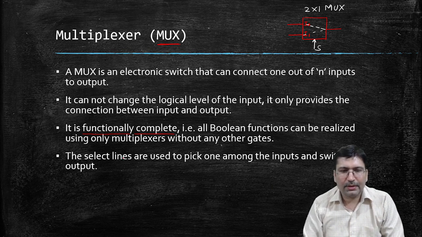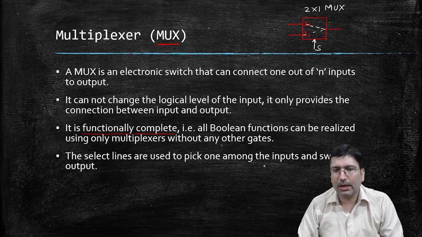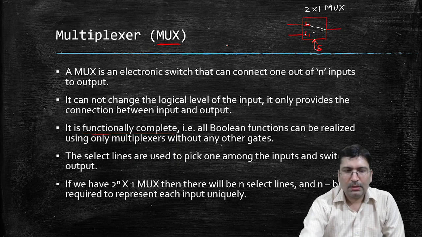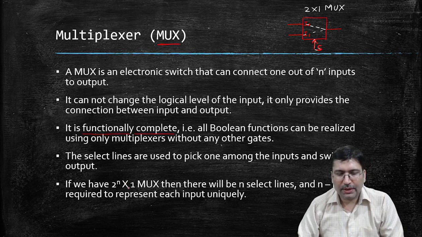The select lines are used to pick one among the inputs and switch it to the output. So the select line, which I have considered here as S, is responsible for picking one input out of n. Now if we have a 2 to the power n cross 1 mux, then there will be n select lines.